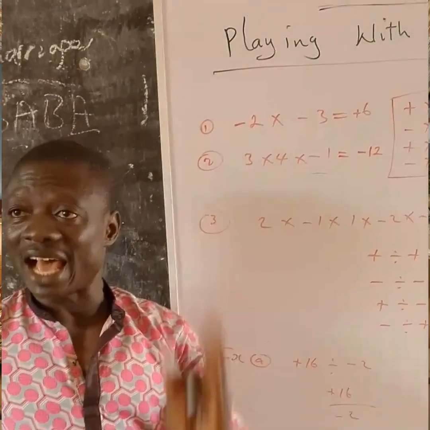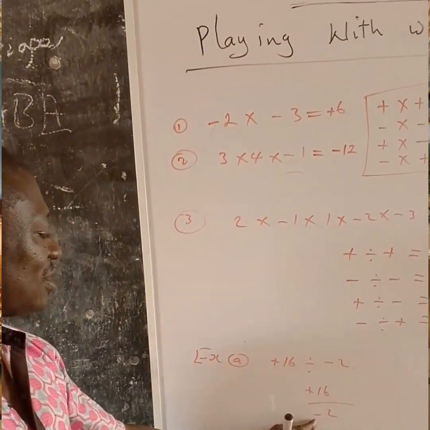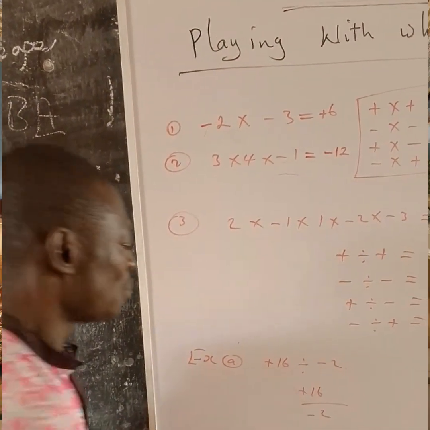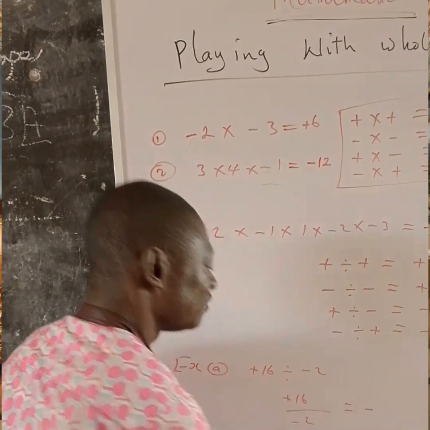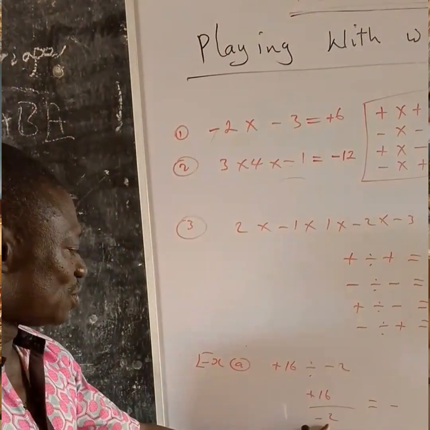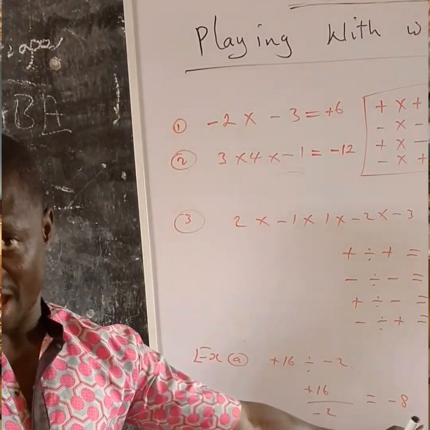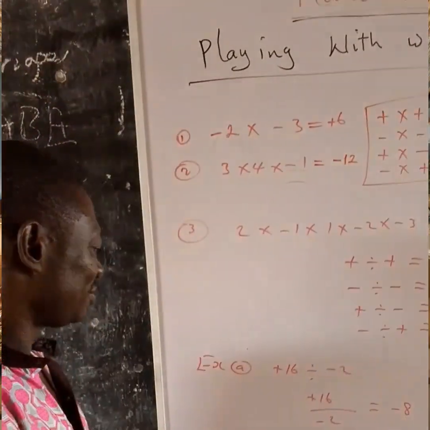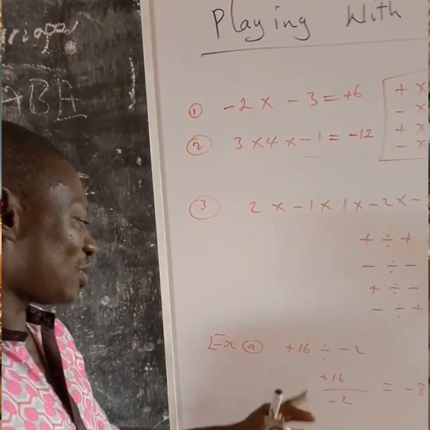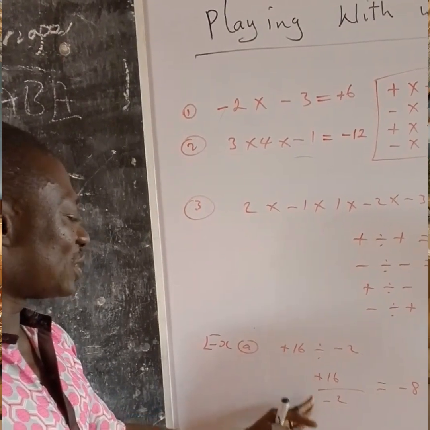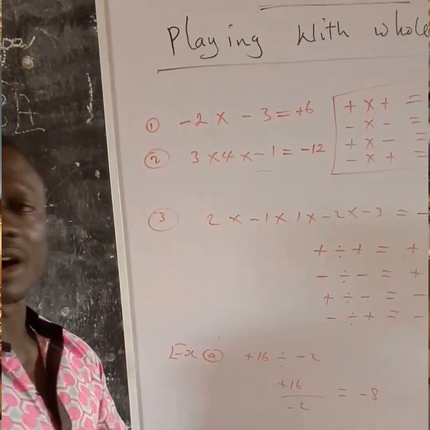We first of all determine the answer by saying minus divide plus. We know that our answer is going to be negative. And 2 divide 16 will give us 8. I hope it's okay. So we will not ask ourselves what these plus are. We have already dealt with the signs before we start talking about the numbers.